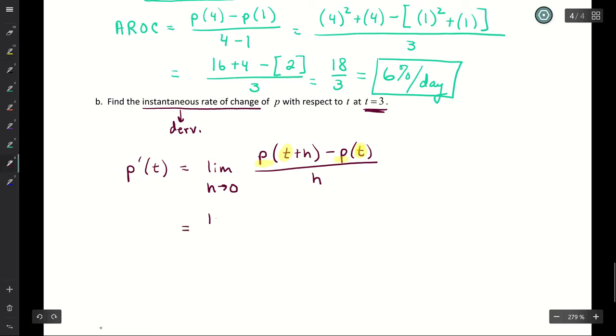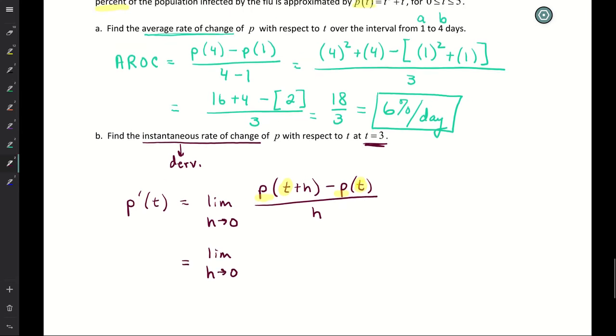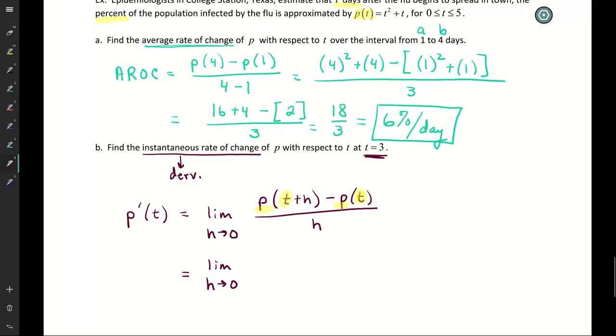All right, so now we're going to go through and actually use our function. So the limit as h goes to 0, I'm going to have to scroll up above to find my function. It was t squared plus t. So if I'm substituting in t plus h where t was, I'm going to have t plus h all squared plus t plus h. And then minus, I'm going to need a bracket there, p of t, that's always just my function.